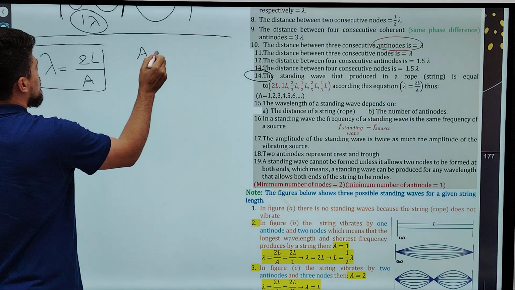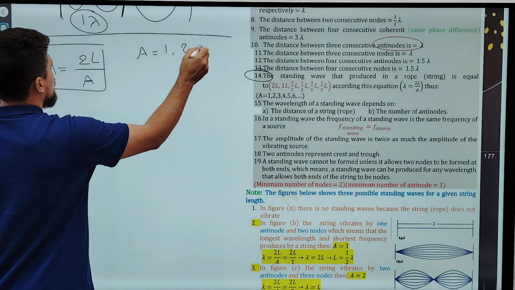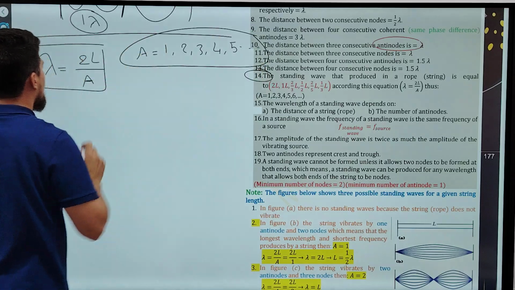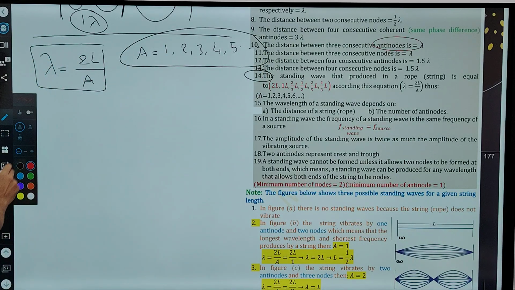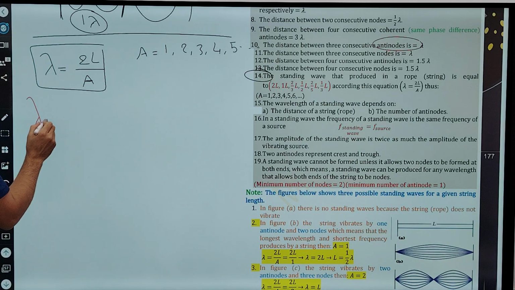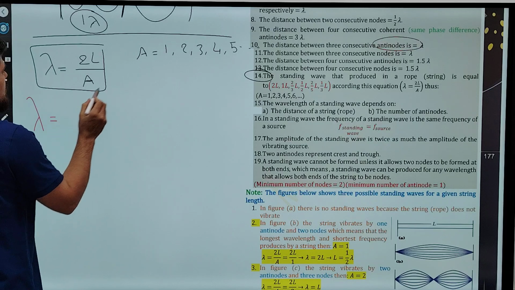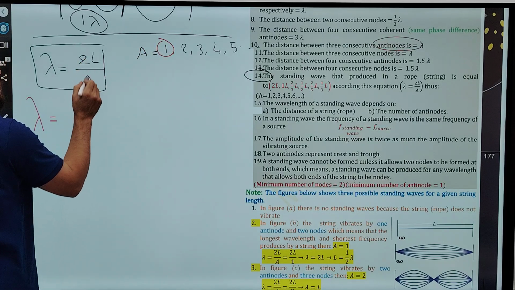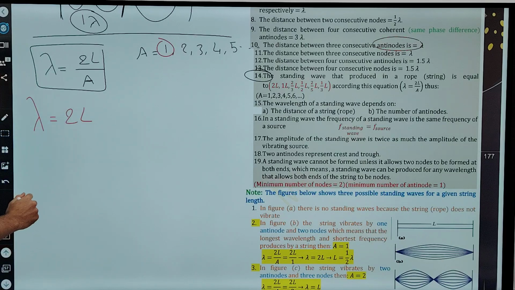A is equal to what? 1, 2, 3, 4, 5, and so on, okay? If you replace A, wavelength is equal to what? When A is equal to 1, 2L over 1, 2L. Okay?